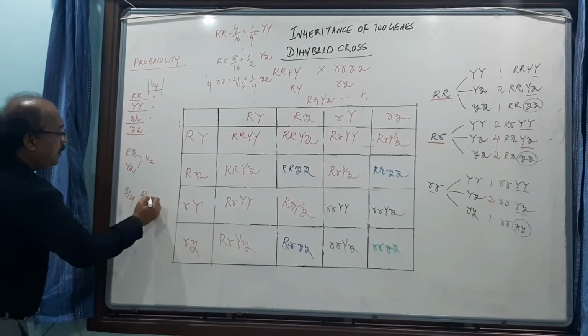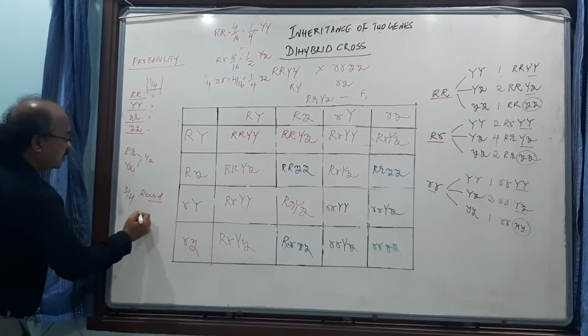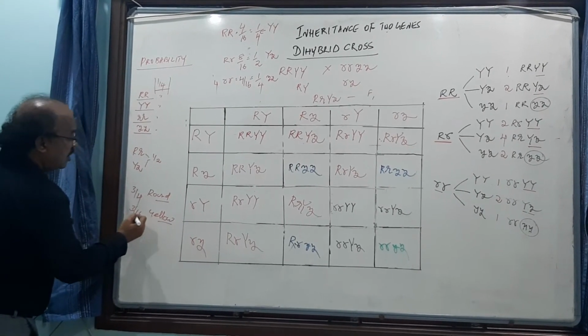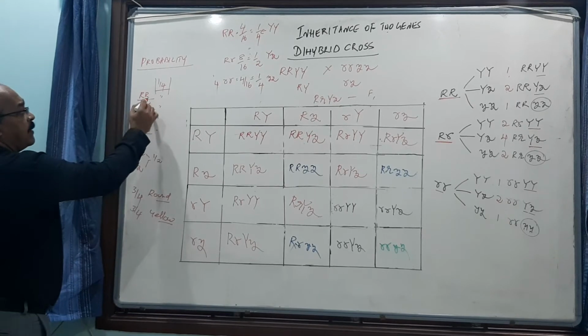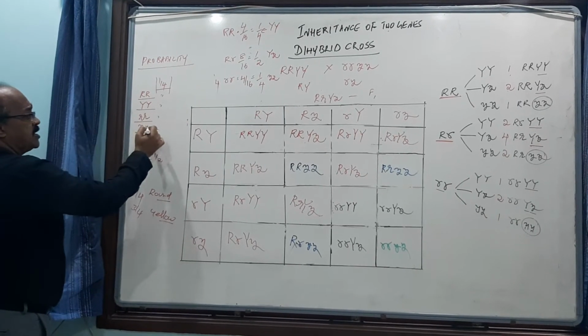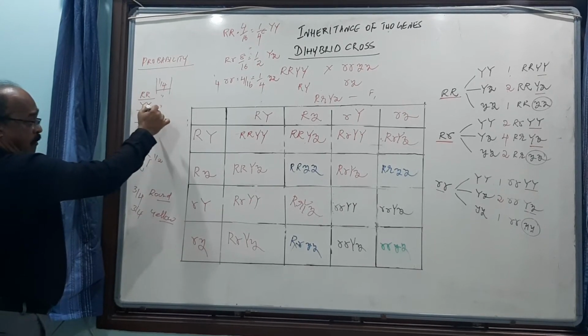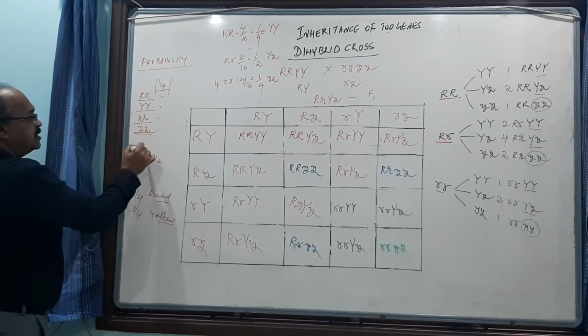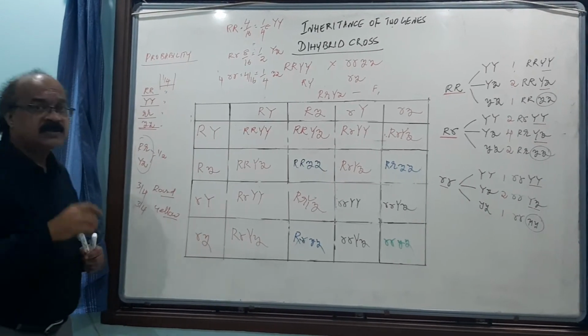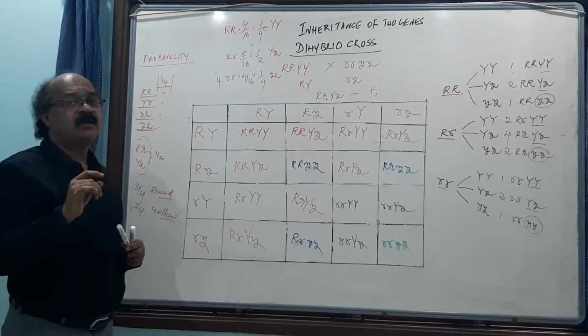So what is the probability of round? 3/4. What is the probability of yellow? 3/4. What is the probability of capital R, capital Y, small r, small y, that is 1/4. Heterozygous probability half.